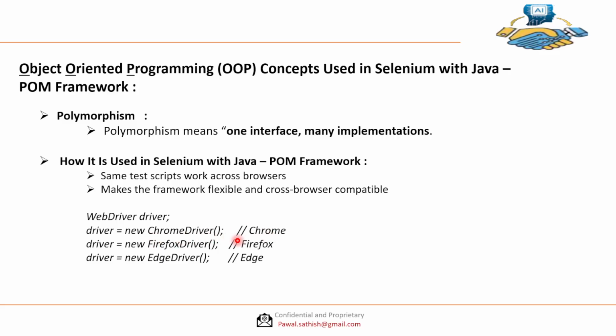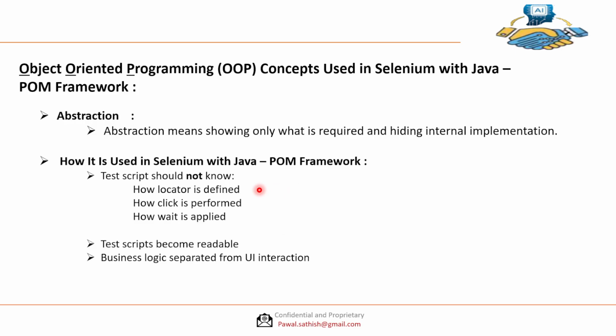Here we create a web driver instance, and we have created one driver instance. But if you see here, the same instance is used for Chrome driver, Firefox, and Edge. The same test scripts work across the browsers, so we can do flexible and cross-browser compatible testing.